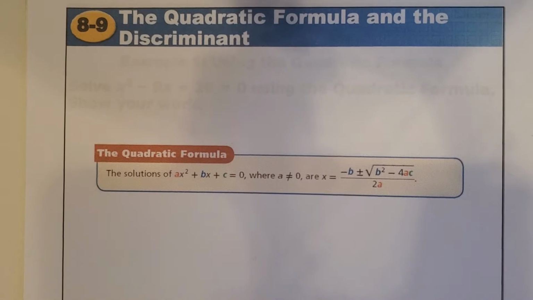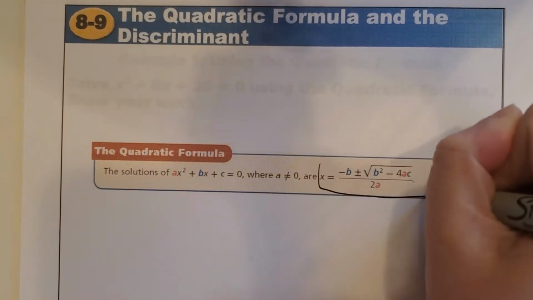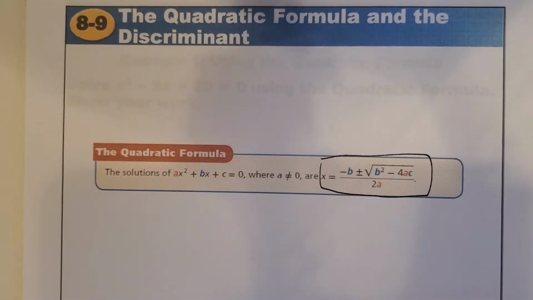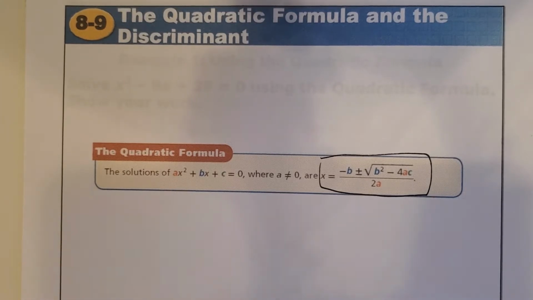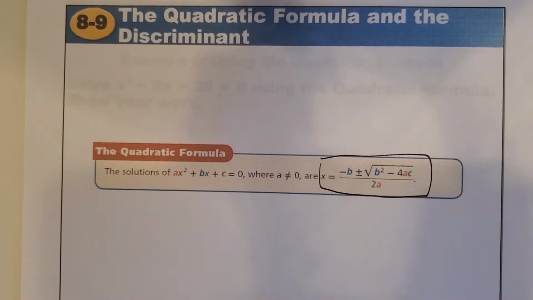So, what is the quadratic formula? It's this huge mess. The standard form that you want your quadratic equation to be in before you use the quadratic formula is kind of like how we did with factoring, where we want everything over to the left side, and then we have equals 0 on the right.